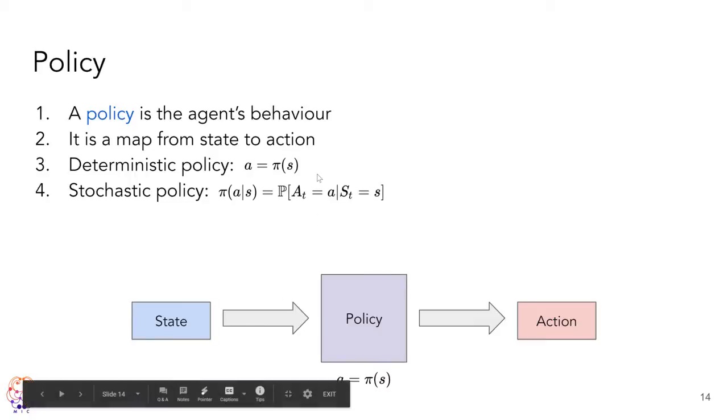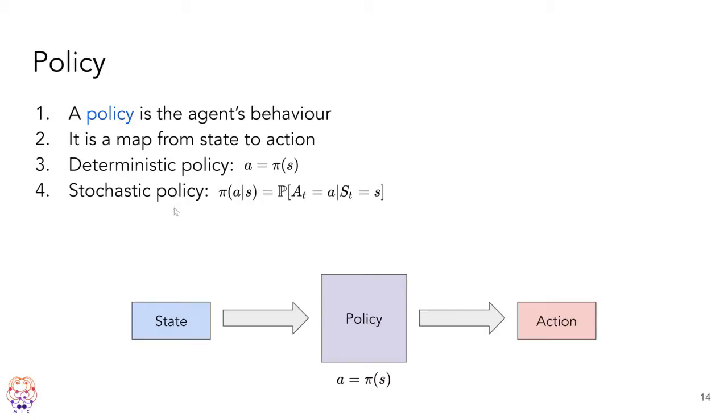And we can have two kinds of policies, a deterministic policy and a stochastic policy. By their name, deterministic is just we produce one single action all the time, and a stochastic policy is you output a probability distribution and then you sample from that probability distribution to take a certain action.